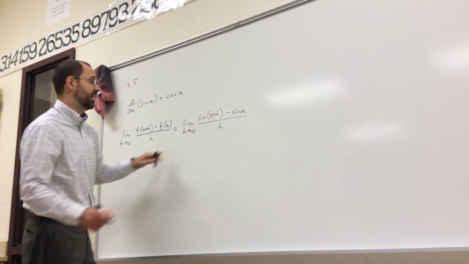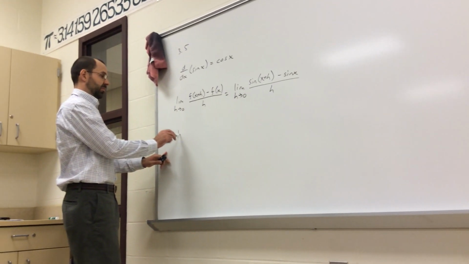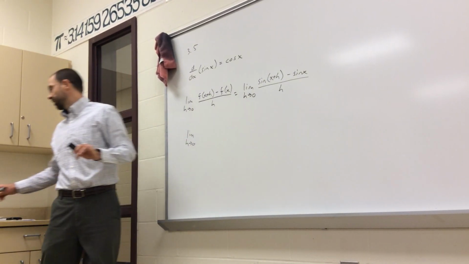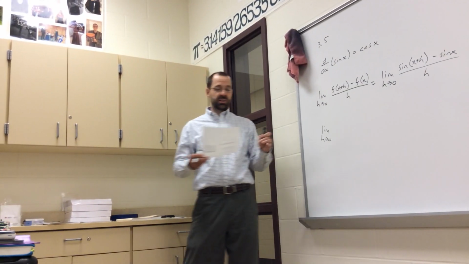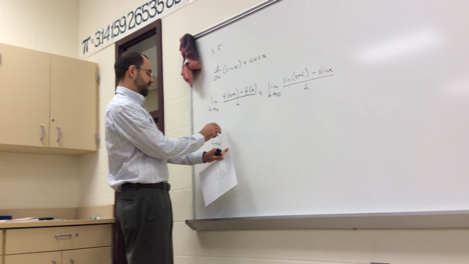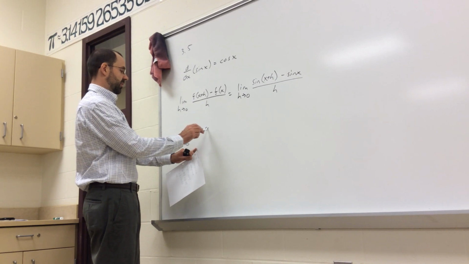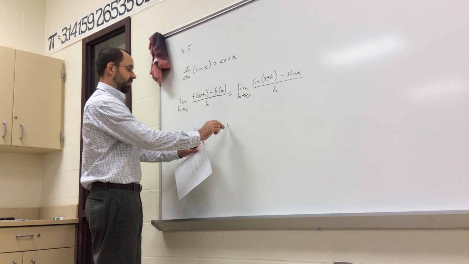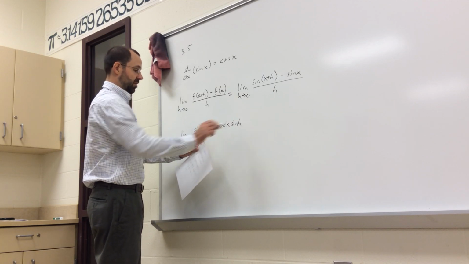What is true is an identity that you learned, or at least saw last year. I don't totally have it memorized either, so I certainly don't expect you to have it memorized. It's the sine of x times the cosine of h plus the cosine of x times the sine of h.